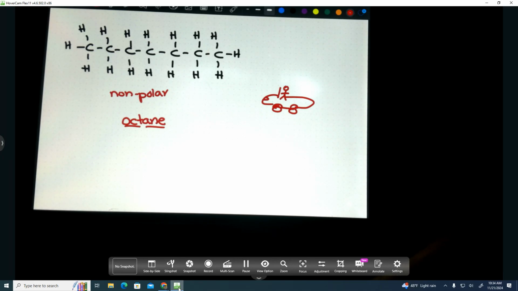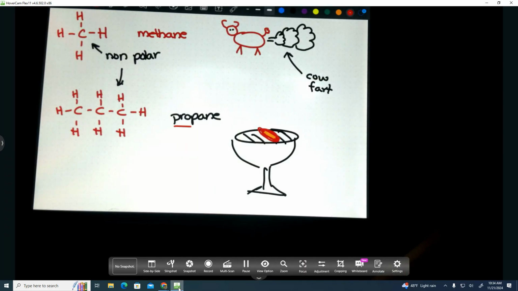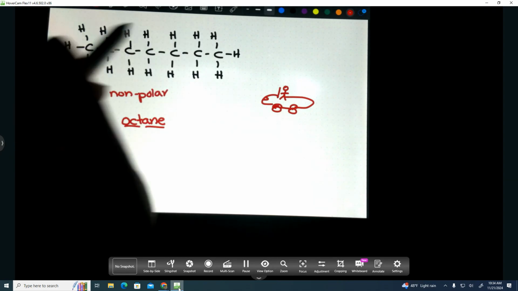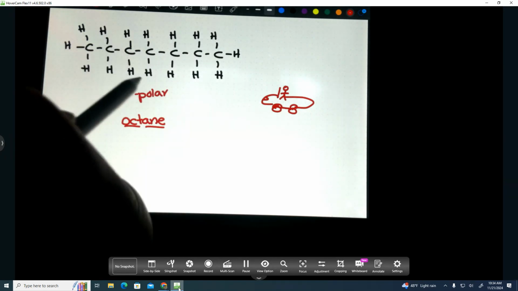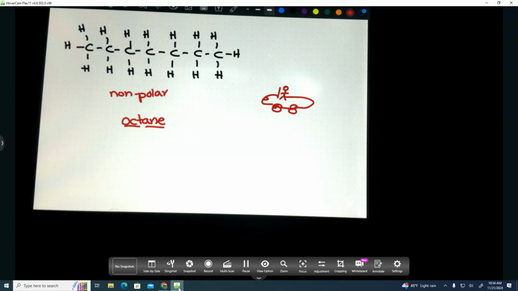However, if you left gasoline out in a bucket, uncovered, it would turn into a gas pretty quickly. Not as quickly as propane, and not as quickly as methane, but it would still turn into a quote-unquote gas. Even though we call this gasoline, it's not a gas. It's a liquid when you buy it. And if you spill it, it vaporizes. It turns into a gas very easily.